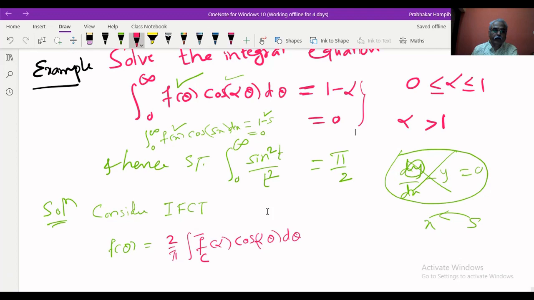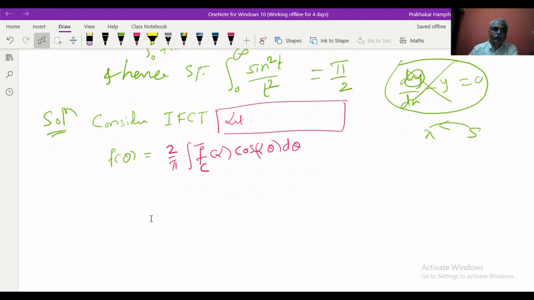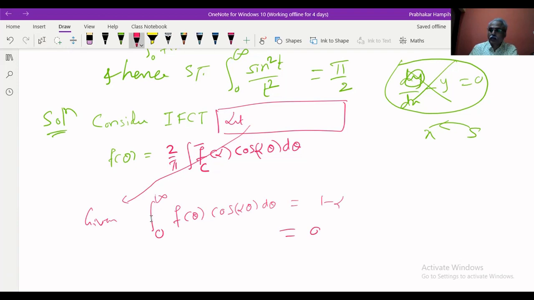So I'll write the first step here. Given an integral equation, the integral from 0 to infinity of f of theta cos of alpha theta d theta is some function of alpha, which is 1 minus alpha for 0 to 1 and 0 for alpha greater than 1.